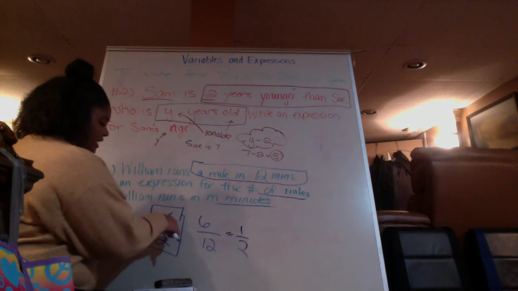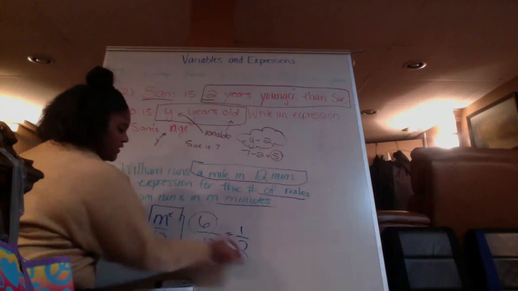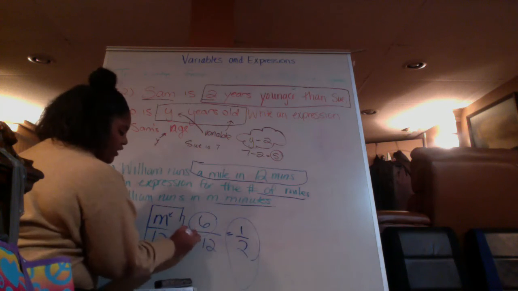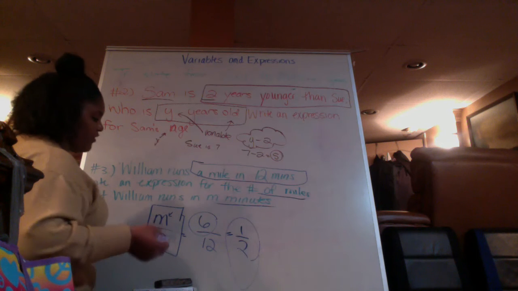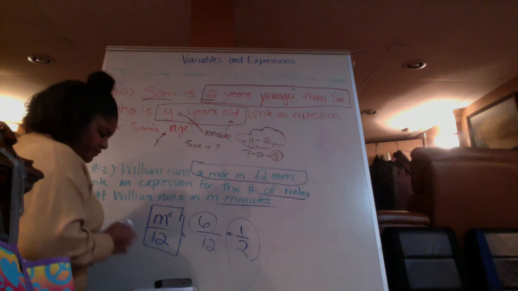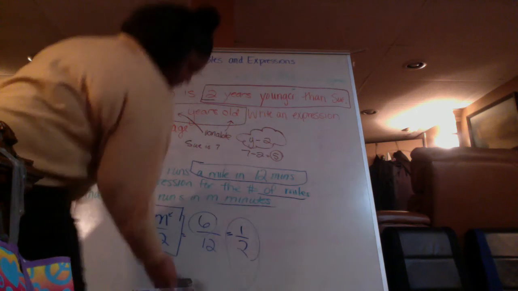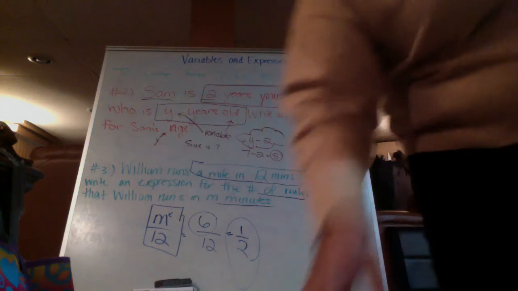So if we know that in 12 minutes it's a mile, 6 minutes is half a mile. So whatever your equal sign is going to be, if you try to figure it out, will be the distance that he ran. Okay, there's that. Let me know if you have any questions.